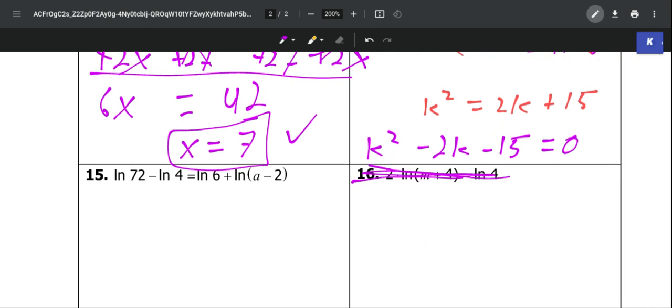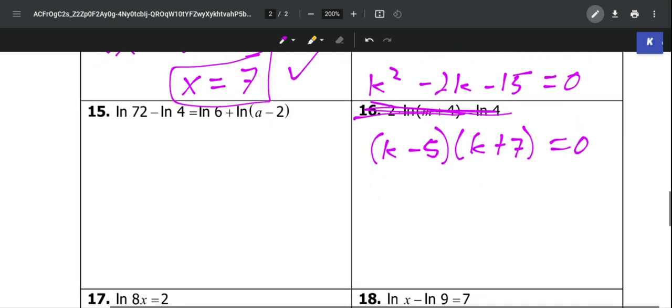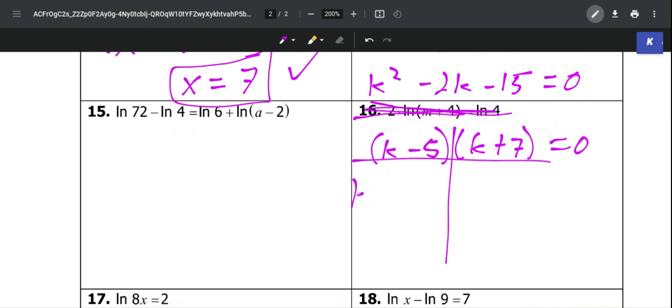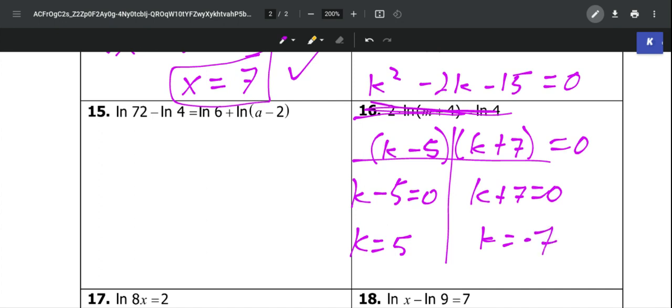And then we would factor that with k minus 5, k plus 3, and split those up, set each factor equal to 0. Actually, what am I talking about?